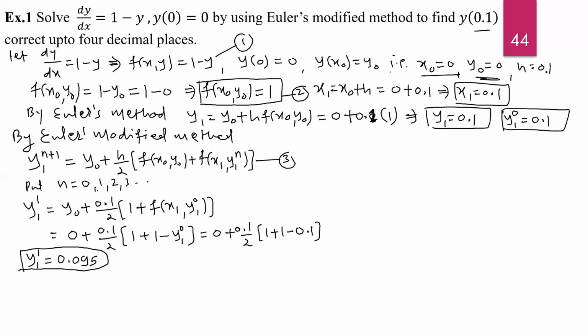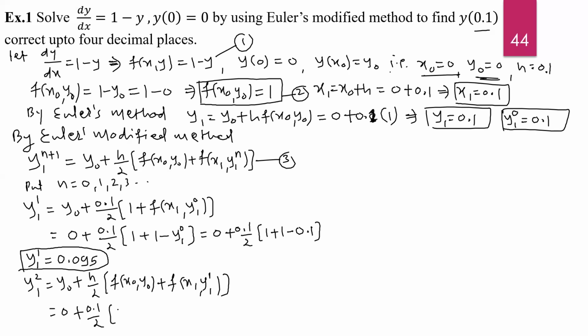Now next, put n is equal to 1. Y suffix 1 raised to 2 is equal to y naught plus h upon 2 f of x naught, y naught plus f of x1, y1 raised to 1. The value of y naught is 0 plus 0.1 divided by 2, the value of the function at x naught, y naught is 1, plus its value is 1 minus y1 raised to 1.